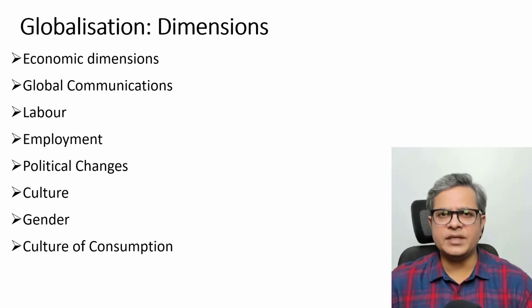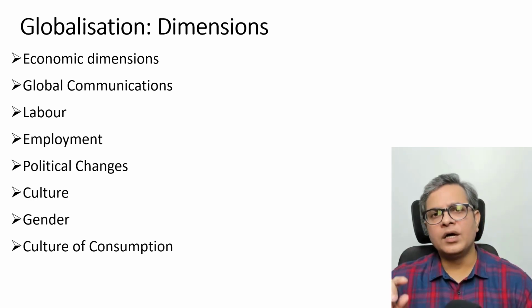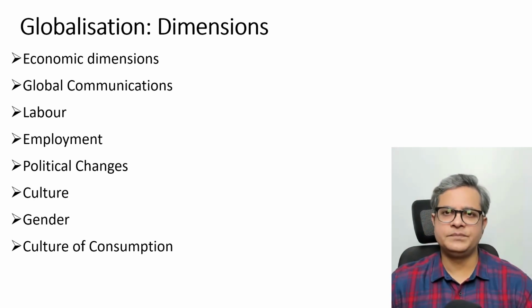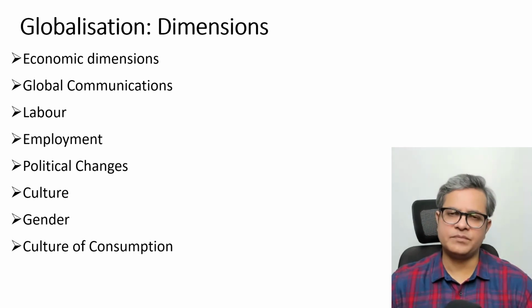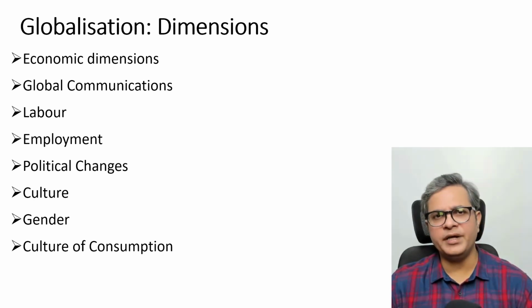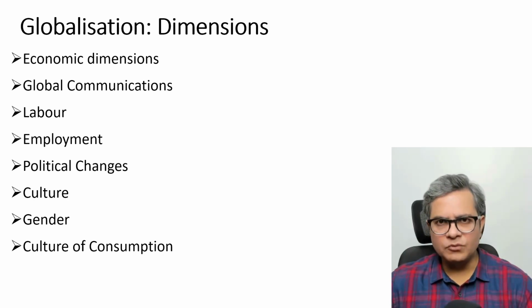This globalization has transformed how people are communicating and connecting across the world. All these technological advancements which have taken place, be it internet or social media or any other technology, AI, what are they doing?